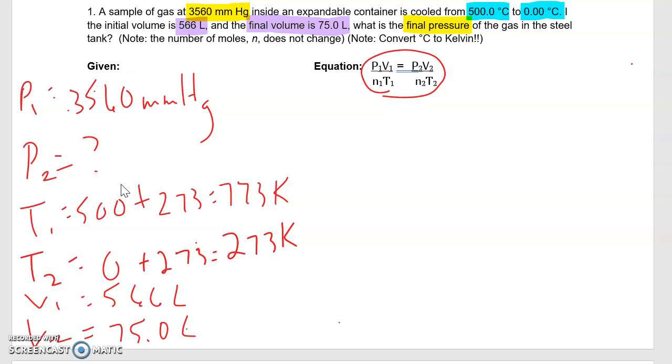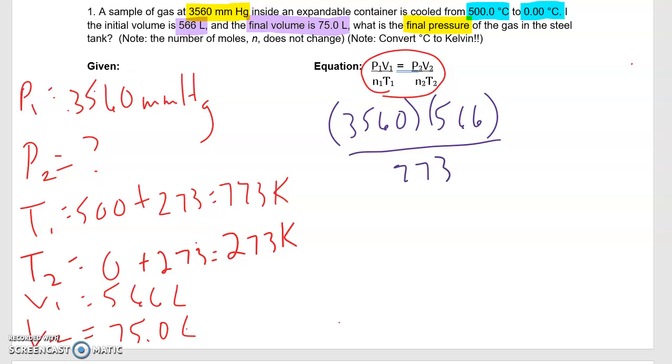If it's the same on both sides, then it just cancels itself out. So I can start by plugging in the numbers. 3560 times volume 1, which is 566, over my T1, which is 773 Kelvin, equals my second pressure, which is X, times my second volume, which is 75 liters, over my second temperature, which is 273 Kelvin.